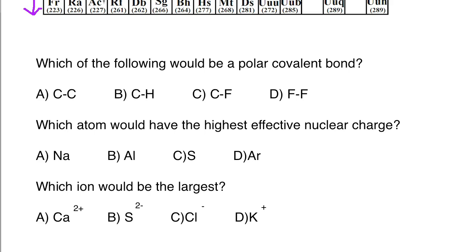And then which ion of the bunch down there would be the largest? So you have calcium 2+, sulfur 2-, chlorine -, and potassium+. So take a minute or two, pause this video, see if you can answer these, and then we will go over the answers together. So please pause the video and we will discuss them in just a minute.